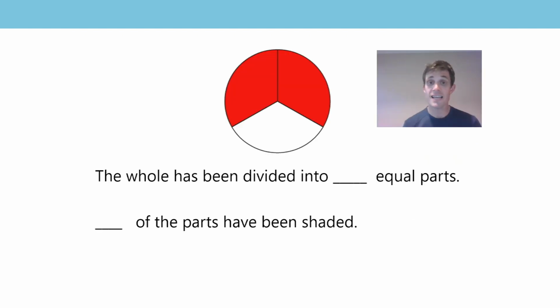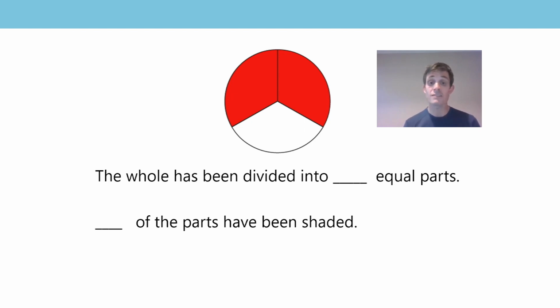Now let's look at this next image together, which is a circle. Let's look at our stem sentences and see if we can complete them. So the whole has been divided into equal parts. So what number would go in there? So let's now read it together and see if we can fill in that blank.